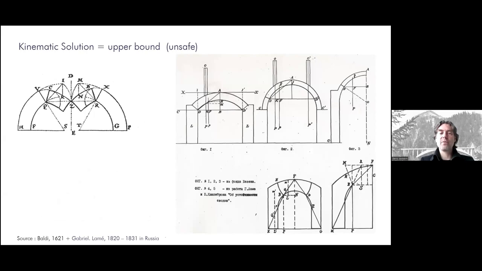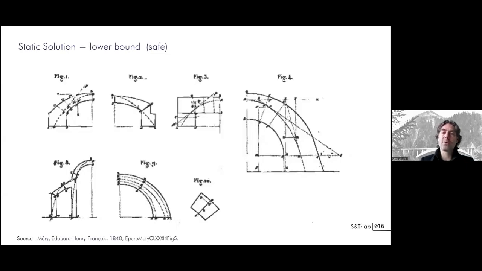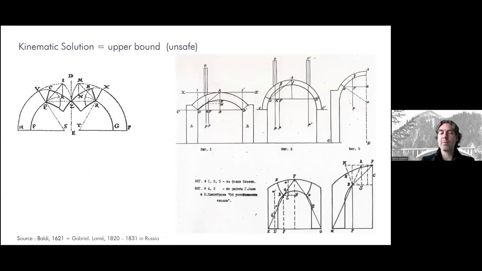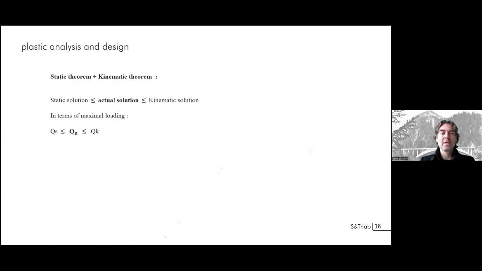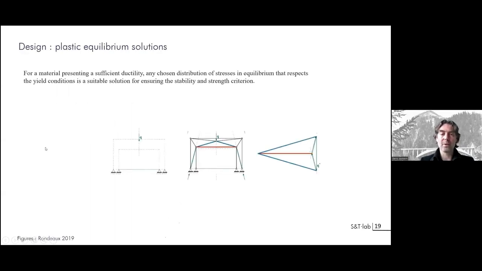Both will converge when the thrust line from the static solution touches the limit of the system, providing the hinges that you see appearing here, and that gives you the opportunity to give an actual precise solution for this analysis. So what you are looking for is this solution in between, but relying only on the static solution, you will be able to guarantee some result.